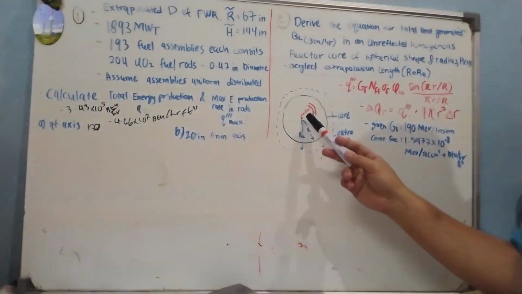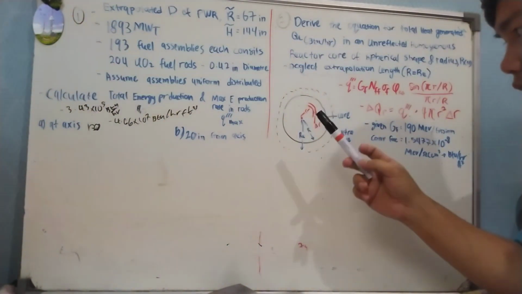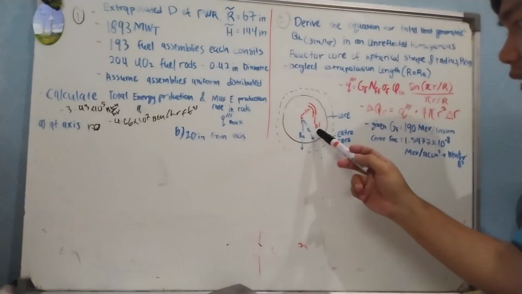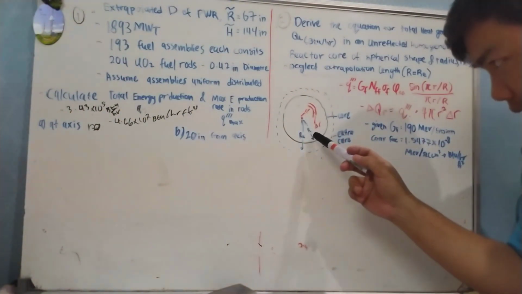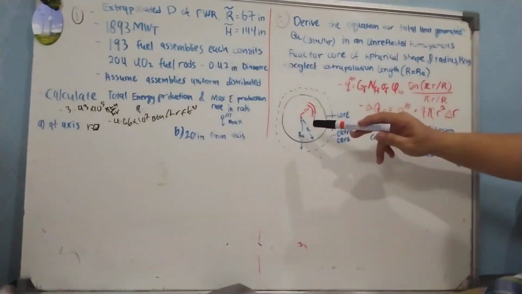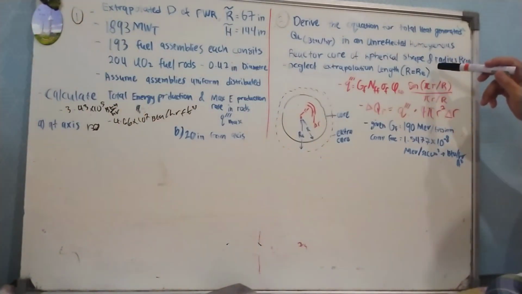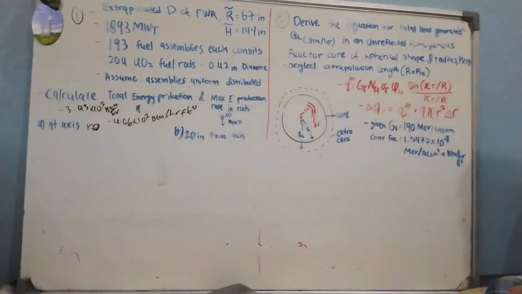Here is the distance r, with dr the thickness of the shell, and capital R is the radius of the core, and RE the extrapolated radius length. We have already assumed that R is equal to RE.